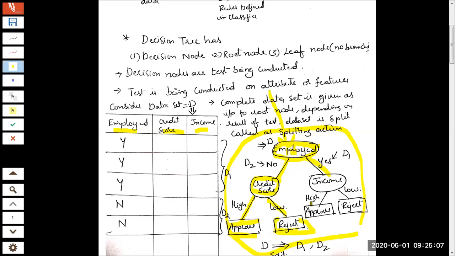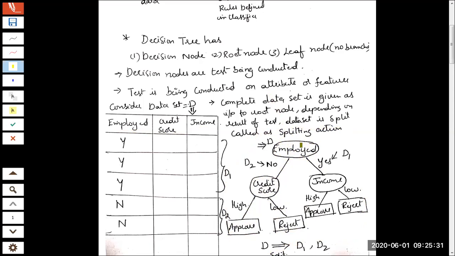Anyhow, I will push it in your group, the decision tree for that particular example and even answers for other problems, so you can just go through it. In a nutshell, you need to construct decision trees to build a classifier. Decision trees are constructed based on previous historical data that is available.